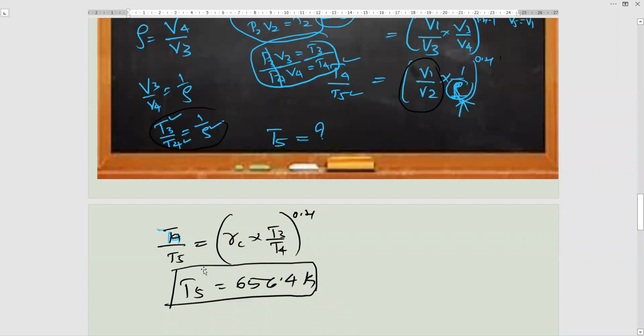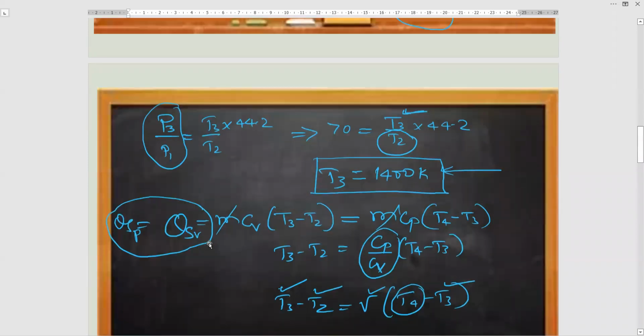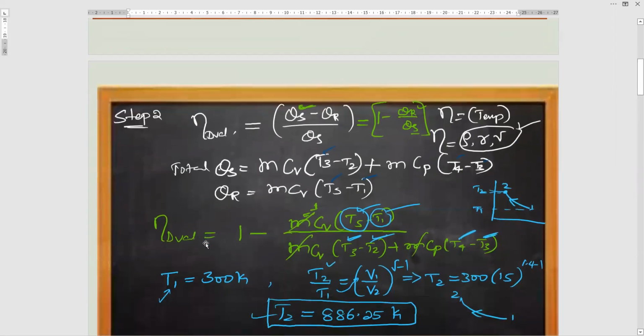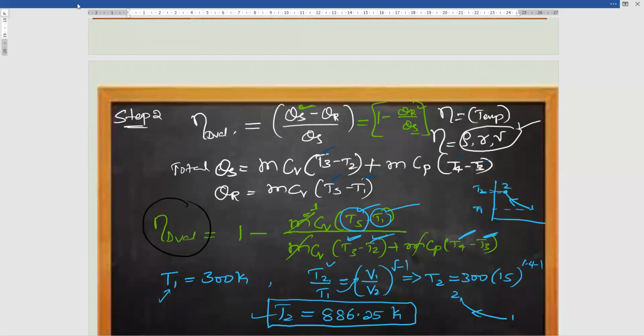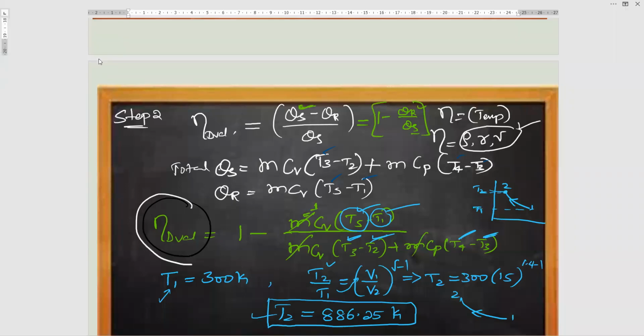Now, once you calculate all the temperatures, go to the previous equation, equation number 1. This is the efficiency of the dual cycle equation. You substitute all the values T1, T2, T3, T4, and T5.